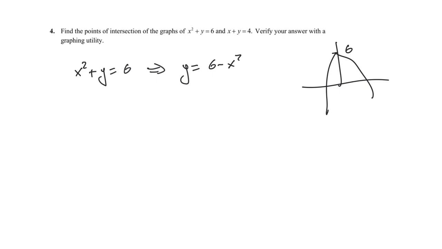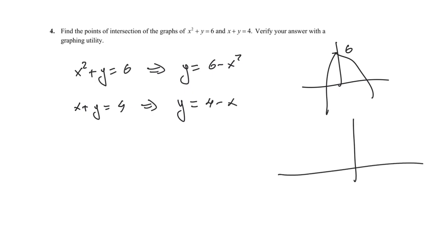Okay, and the other equation is x plus y equals 4. So you know that y is 4 minus x. And again, you have experience with this equation. This is the equation of a rectilinear line that has slope m, and the m is minus 1.